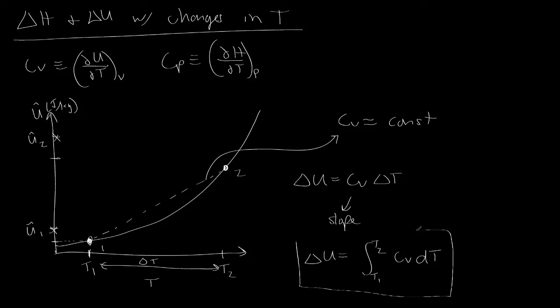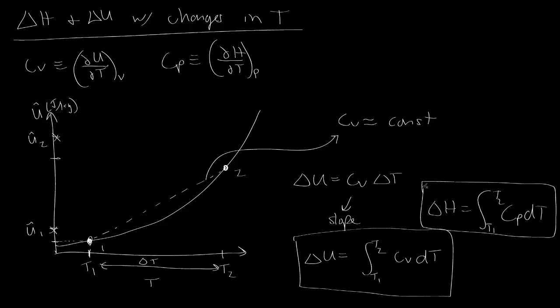And this is the more appropriate form that we would use, and the same formula would be for delta H, but the difference would be that we would have C sub P. In order to apply these equations, in this case we'll just do C sub P, delta H is equal to the integral from T1 to T2 of C sub P dT.